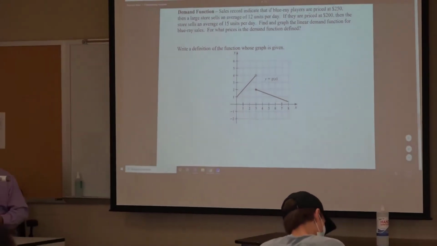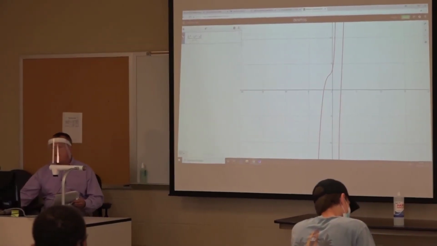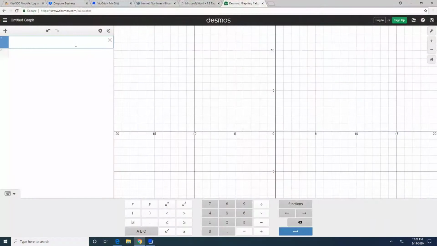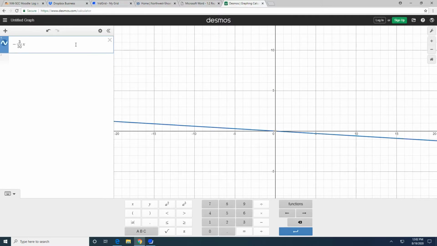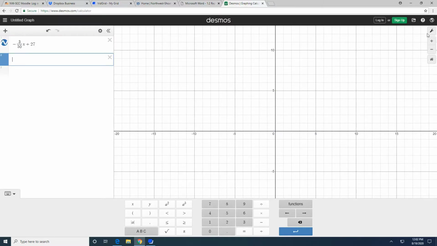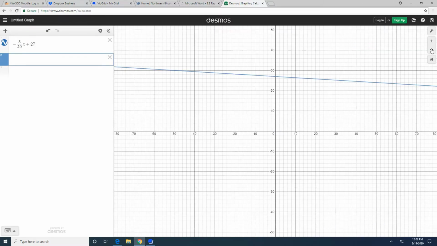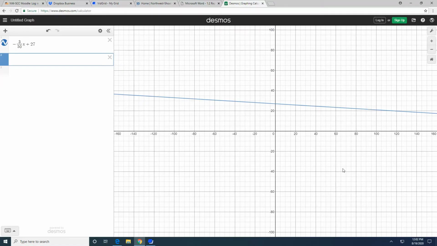Let's say that we graph this on Desmos here, using x. All right, this is what we've got.